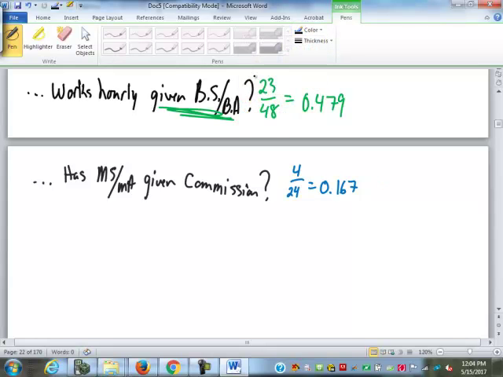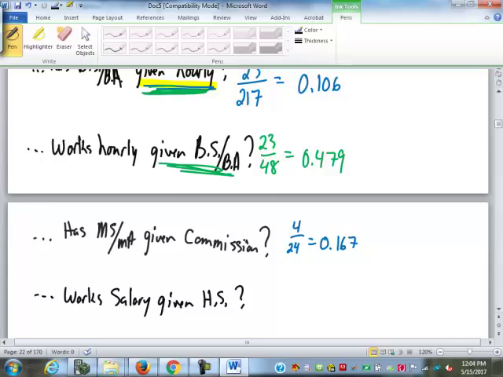What is the probability that a randomly selected employee works on salary given that they are high school diploma or less?